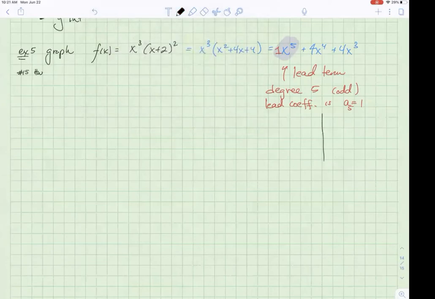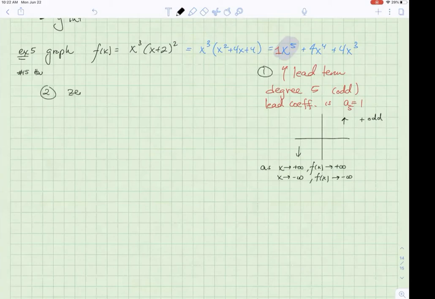So my end behavior is positive odd end behavior, which means that it is up in quadrant 1 and down in quadrant 3, or as x approaches positive infinity, f of x approaches positive infinity, and as x approaches negative infinity, f of x approaches negative infinity. And so there's my end behavior. So I guess that's step 1.